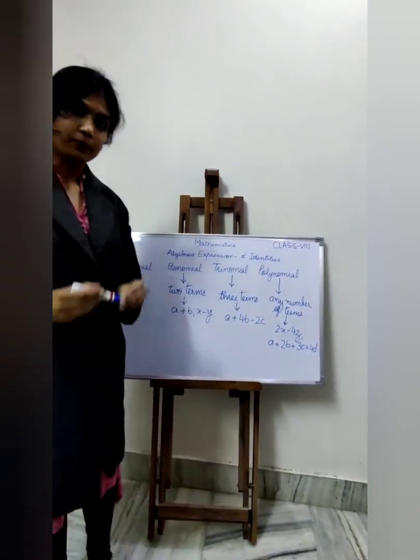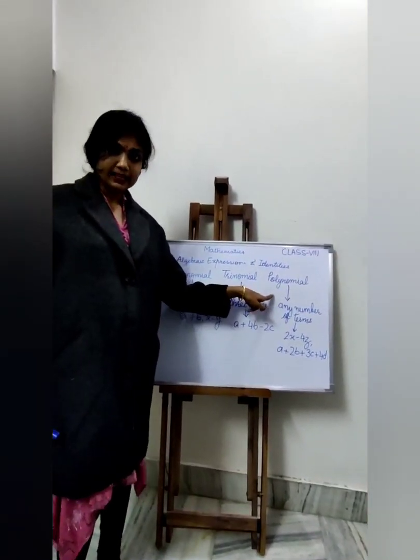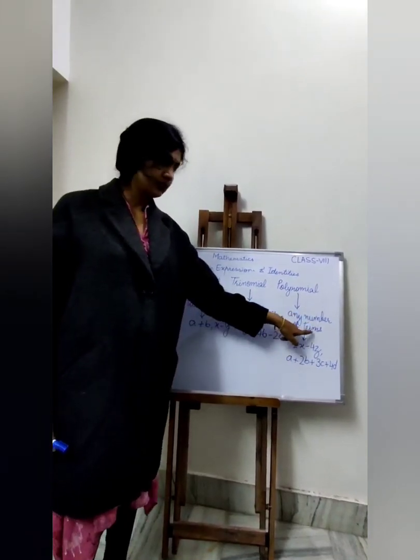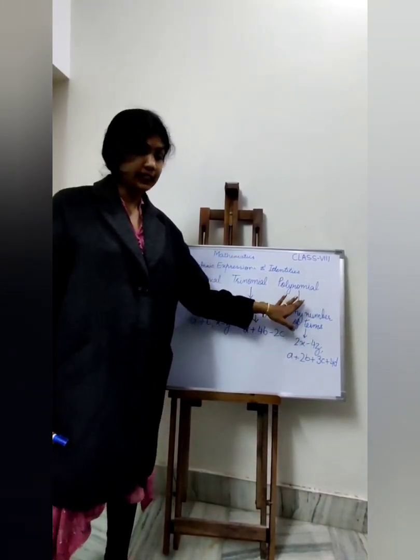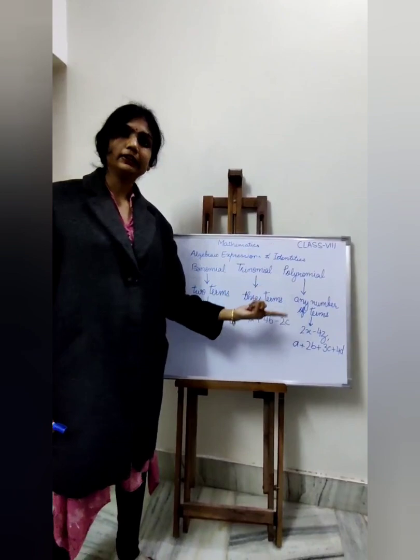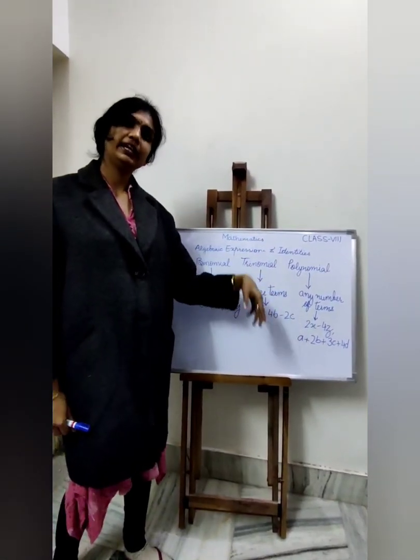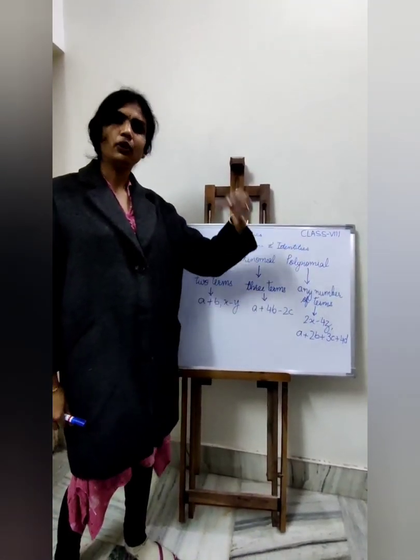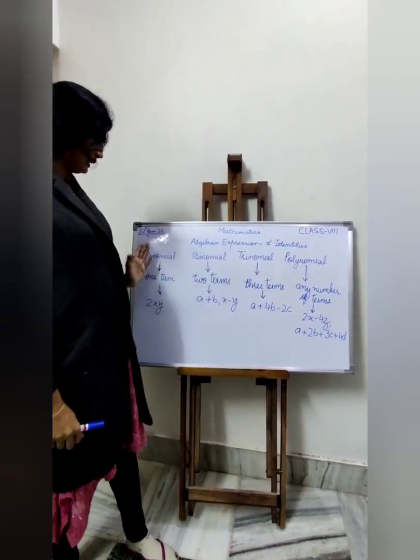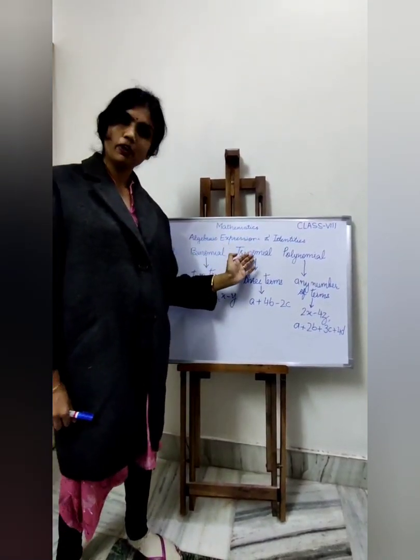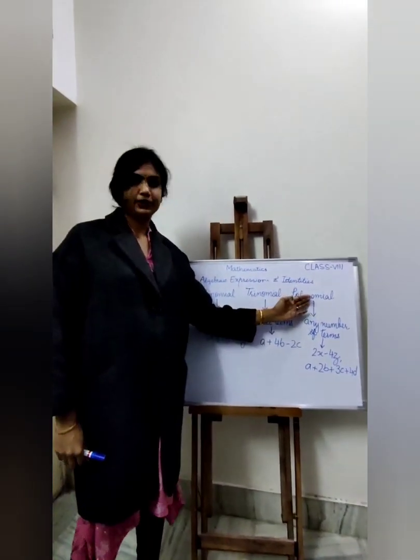So this is a polynomial. As I said, any number of terms. It can have one term, two terms, three terms, four terms, or any number of terms. So all these, monomial, binomial and trinomial, come under polynomial.